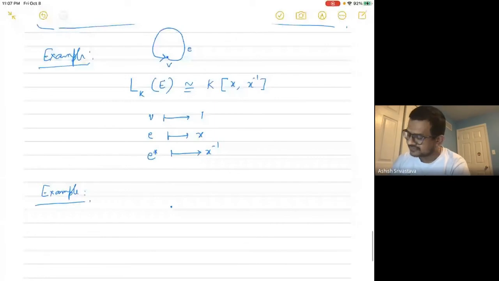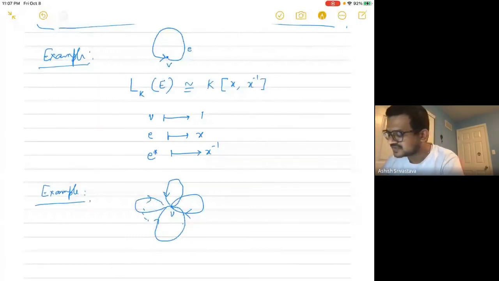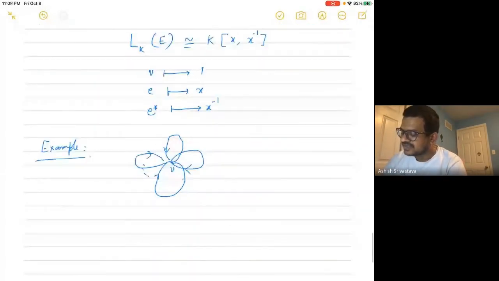Think of several petals on it, so you have a loop here and a loop here and so on. Suppose you have n loops on this vertex V, so you have E1, E2, all the way to En.